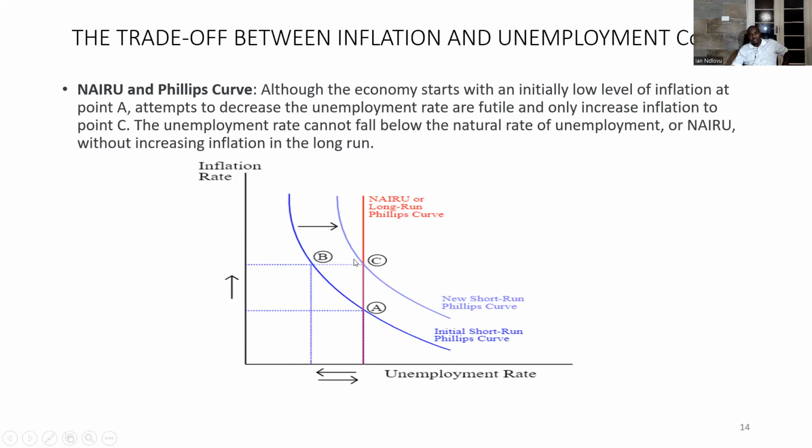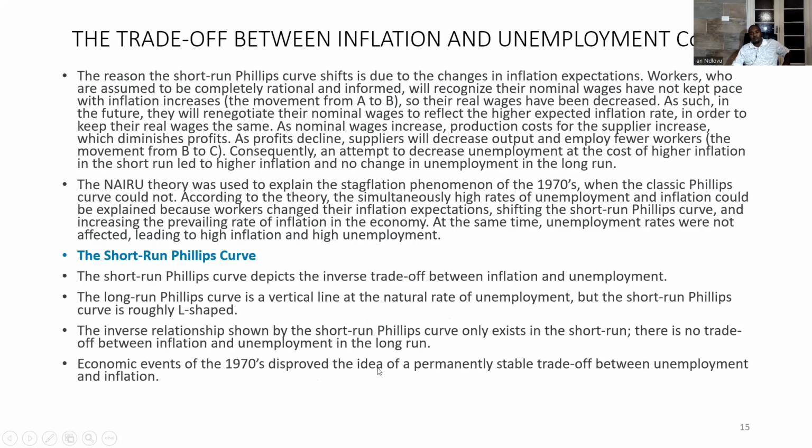When workers' expectations adapt to the dynamic effects of inflation on workers' wages in the long run, workers will no longer be operating on the initial short run Phillips curve, but on the final short run Phillips curve, which implies that the unemployment rate will migrate from that low unemployment rate, coincident with point B, to that higher unemployment rate, which is the non-accelerating inflation rate of unemployment, or the NAIRU, which is coincident with our long-run Phillips curve.